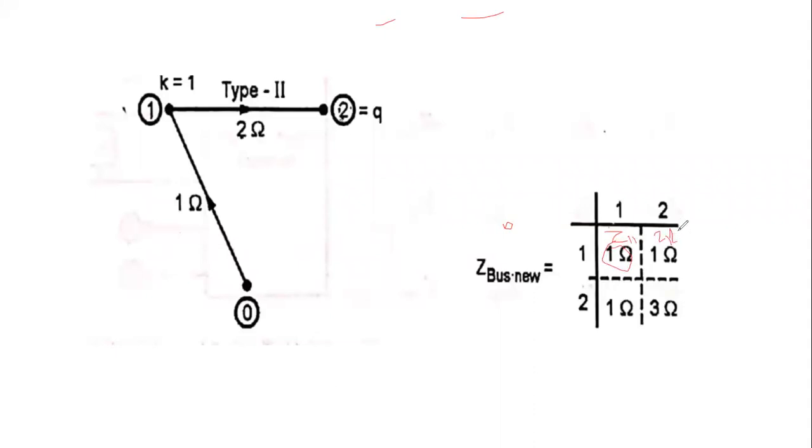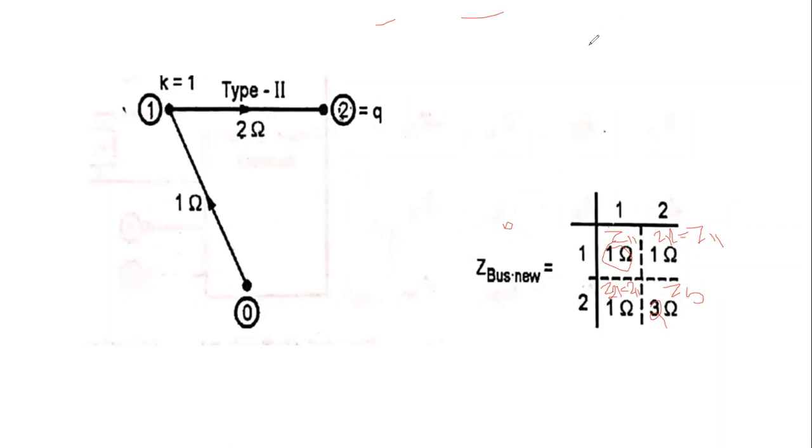Therefore in the type 2 matrix, Z12 is equal to Z11, and Z21 is equal to Z11. This is the Zs. This is 2 ohms, not 3 ohms. This is the Zs.